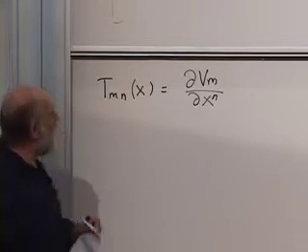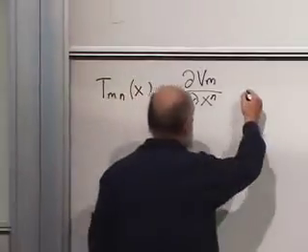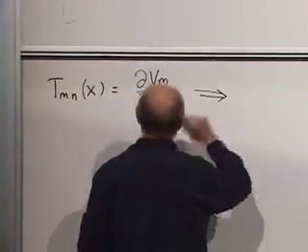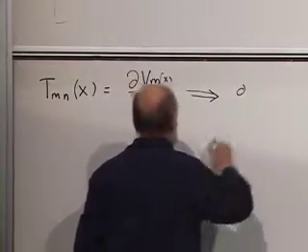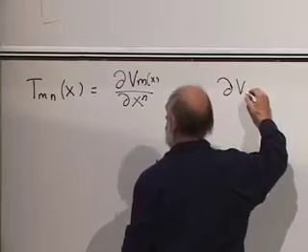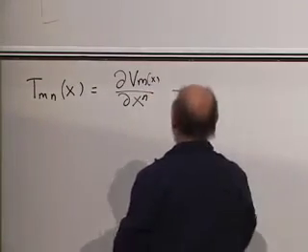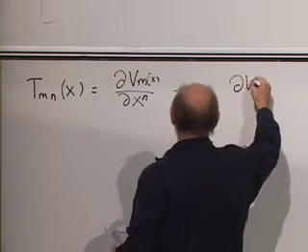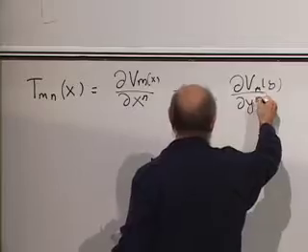Then the question is, what must it be in the y-coordinate system? And in particular, when you transform it as a tensor, does it or does it not become the derivative of v of y with respect to y^n?